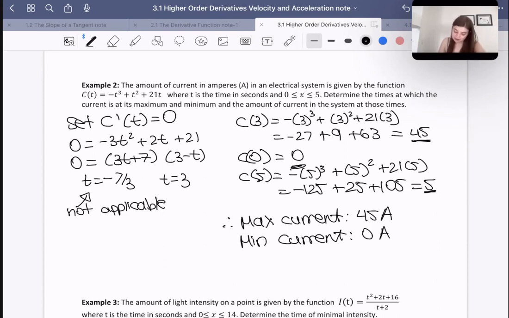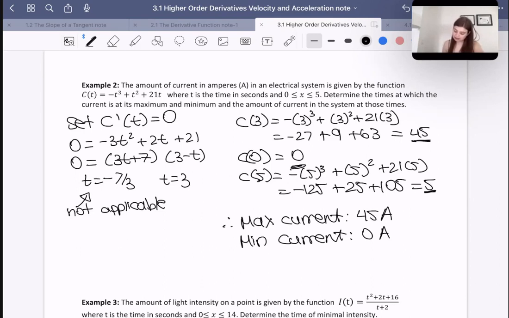And also having negative amperes potentially may not have made sense for this situation, right? Remembering the real life situation is key here, because otherwise, what's wrong with having negative 7 over 3 as one of our values? It doesn't seem wrong at all until we consider the situation that we're looking at. So the minimum current would just be 0 amperes.